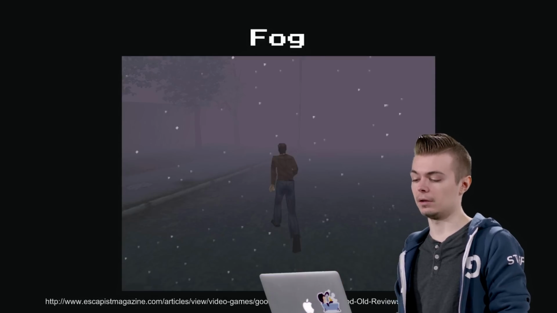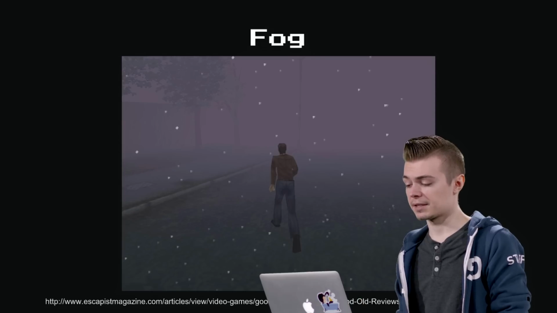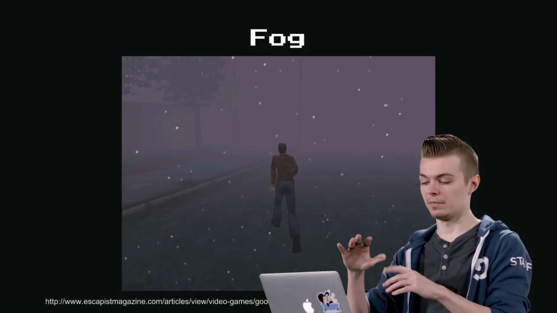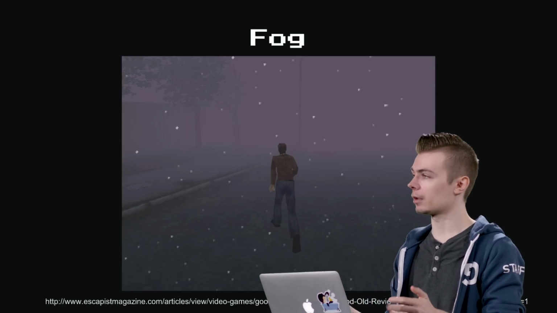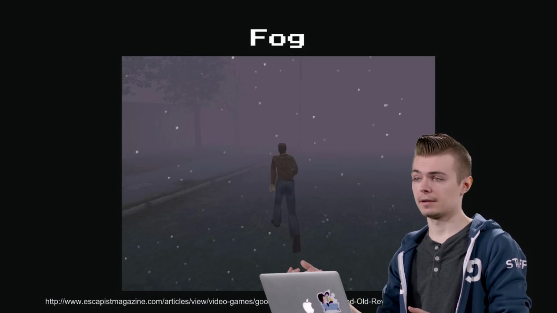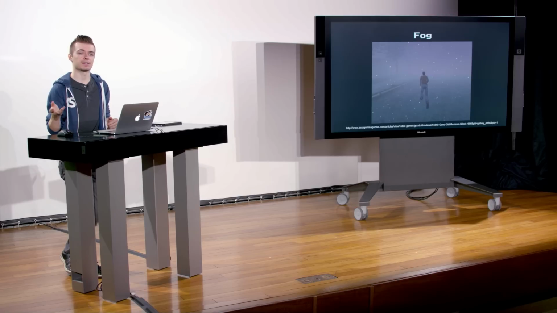This is Silent Hill, and Silent Hill looks more realistic, but the same thing is at play here. You have a very pale gray metallic blue color, and the density in this case is very high, maybe close to as high as it is in our game that we're showing today.